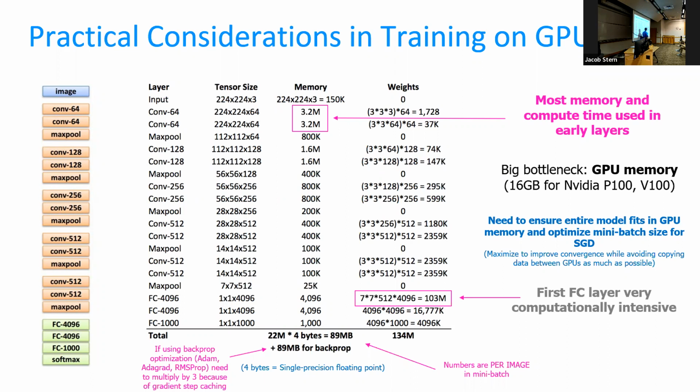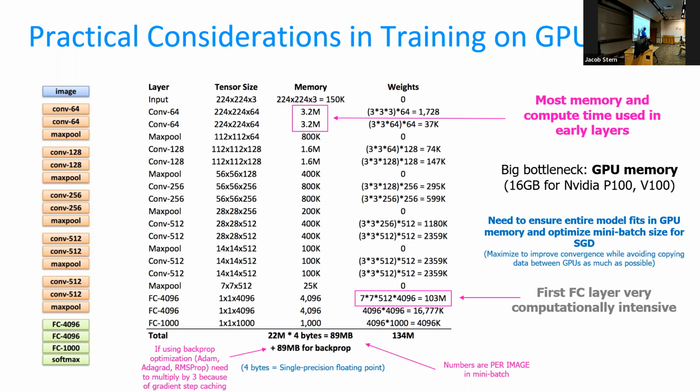And then what do we have to do? You told us that we needed a 4096 by 7 by 7 by 512 convolutional layer. Well, that results in 103 megabytes of storage. So hopefully that gives you an idea of the order of magnitude we're looking at when it comes to storing activations versus storing weights.